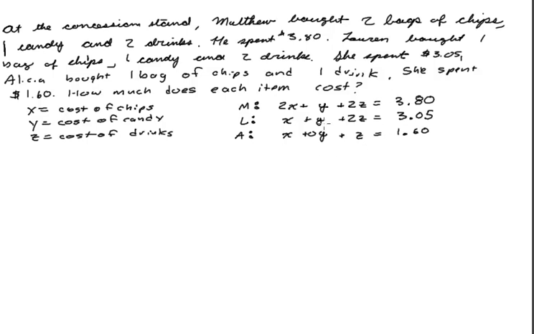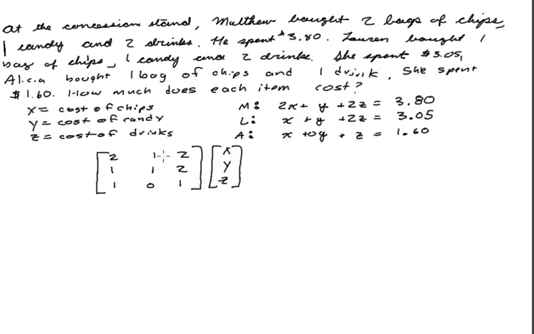Now this system of equations is the same as the matrix equation that we would get by putting the coefficients of our variables here, 2, 1, 2, 1, 1, 2, 1, 0, 1, and multiplying that by the matrix x, y, z. And if you think about it, the reason why this is the same as this is when you multiply matrices, you multiply a row times a column.